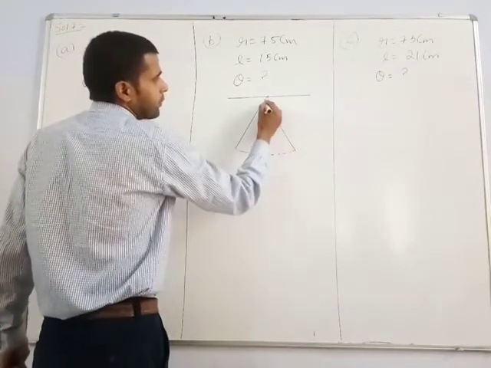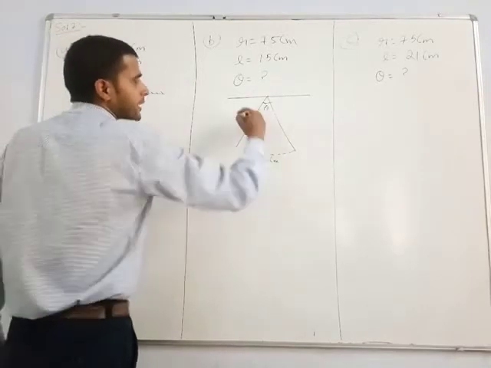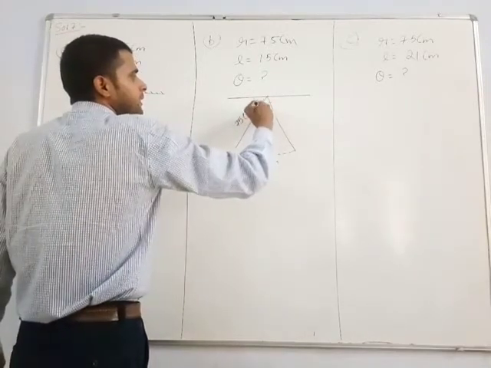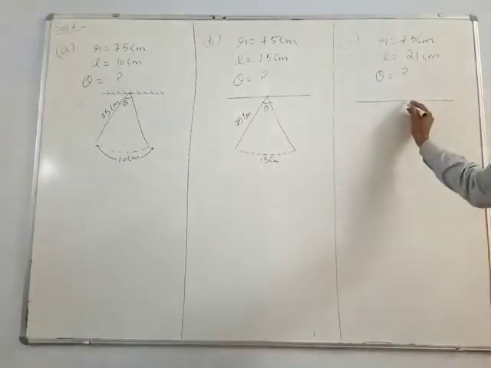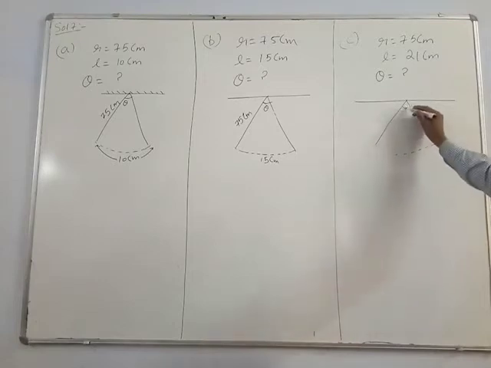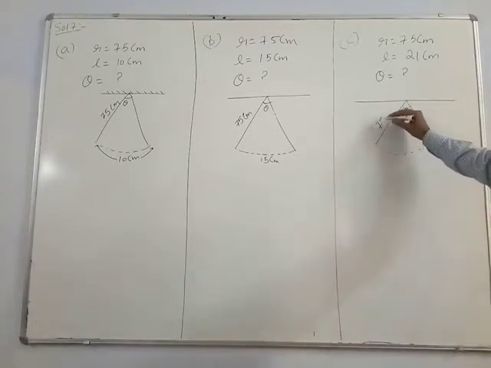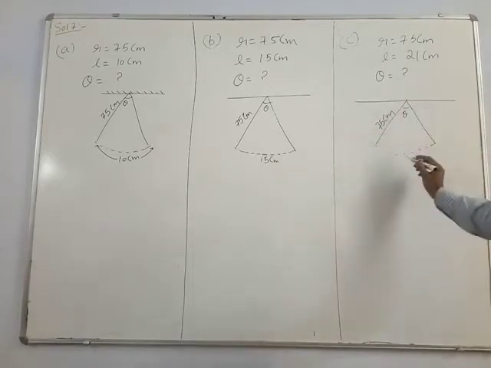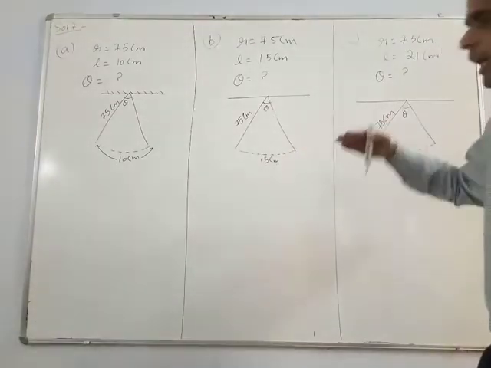This is theta, you have to find theta. This is 15 centimeters given, and this is 75 centimeters common. The third part is given. This is theta, you have to find theta in radians. This is 75 centimeters and this is 21 centimeters. You have to find theta. Okay, this is the swing. How much swing?